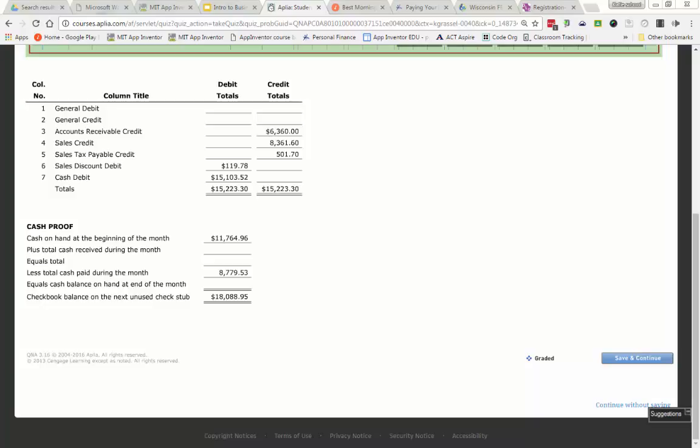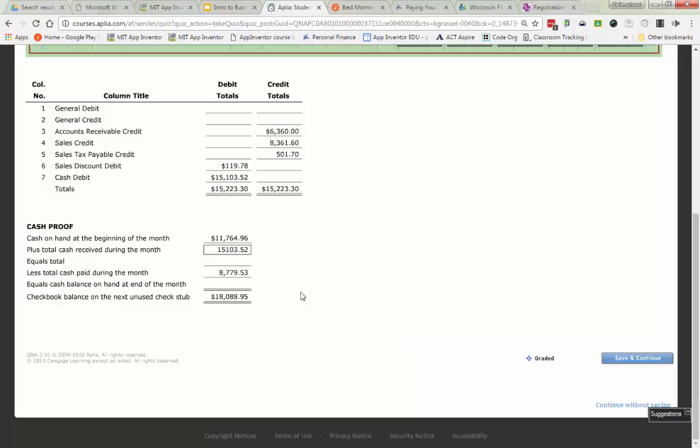Now we have to go through and put in the cash received for the month. The cash received is going to be your cash debit from your cash receipts journal. So I'm going to put in $15,103.52.